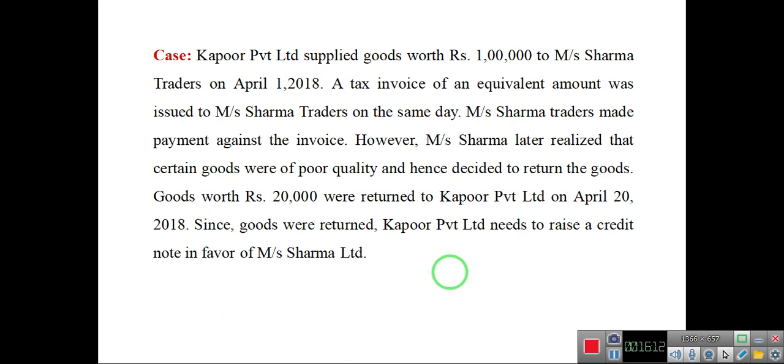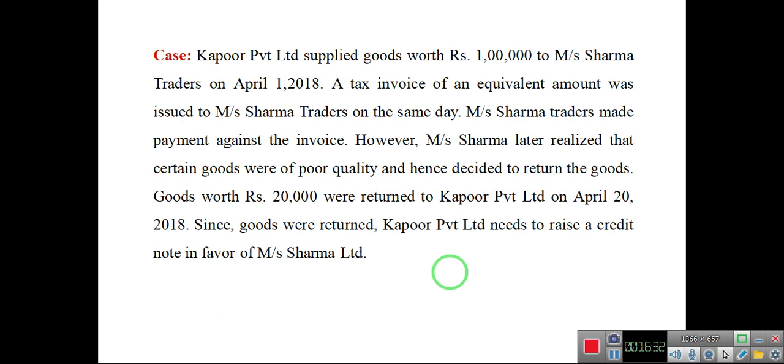For example, Kapoor Private Limited supplied goods worth rupees 1 lakh to Messrs Sharma Trader on 1st April 2018. A tax invoice of an equivalent amount was issued to Messrs Sharma Trader on the same day. Messrs Sharma Trader made payment against the invoice.